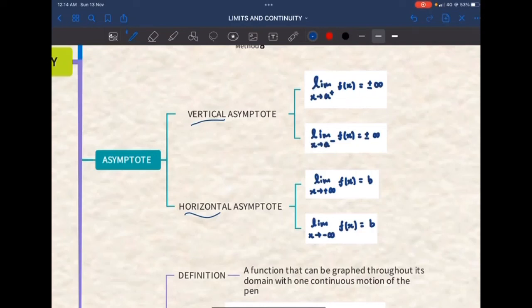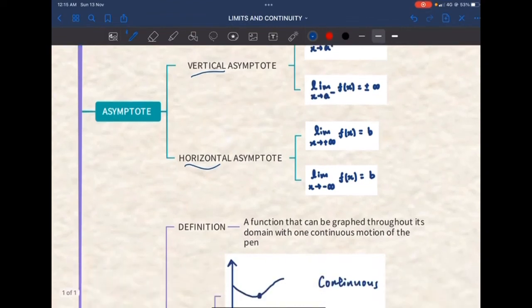And for the limit as x approaches a from the left, the vertical asymptote can be positive or negative infinity. The next one is the horizontal asymptote. When the limit as x approaches positive infinity, the horizontal asymptote is equal to b, and when the limit as x approaches negative infinity, the horizontal asymptote is equal to b.